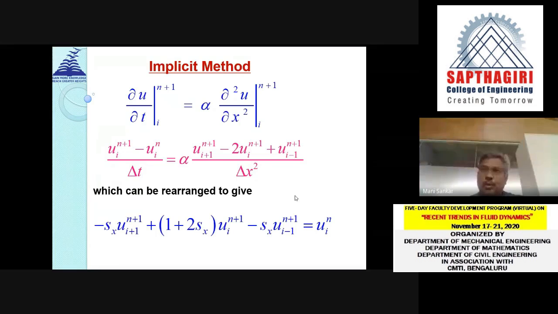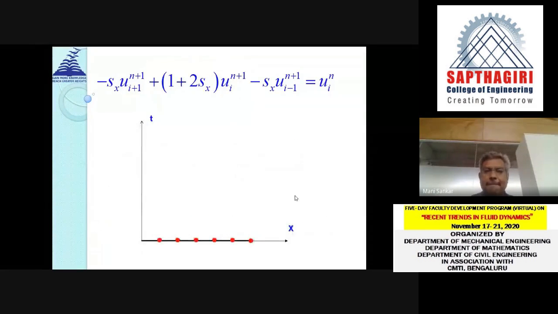Because of this, you cannot get the solution point by point, but you have to solve a system of equations. Generally, when solving a problem with an implicit method, you need to solve a system of equations that comes out of every time level.